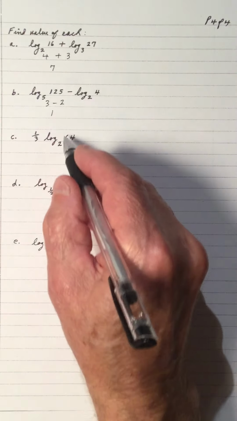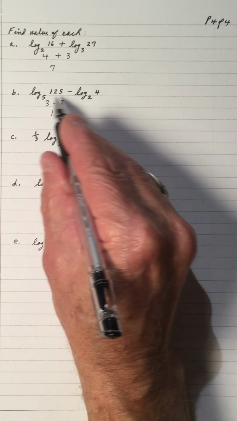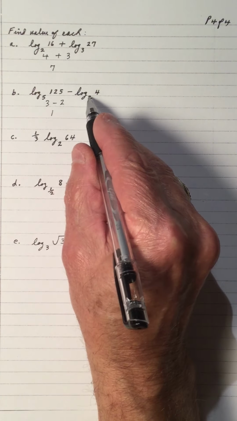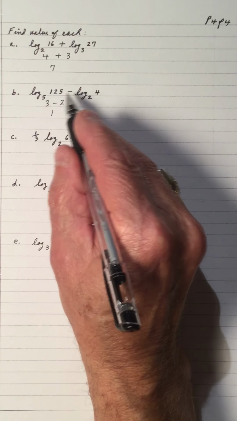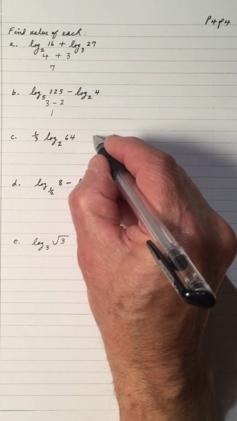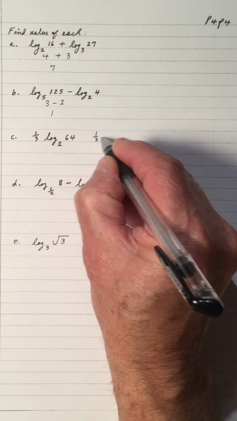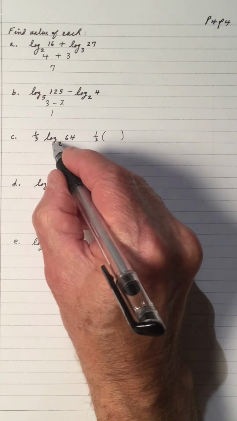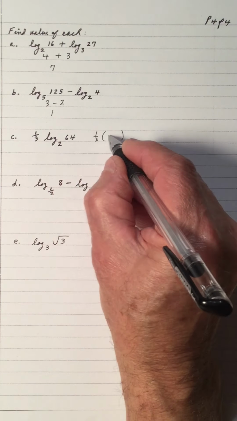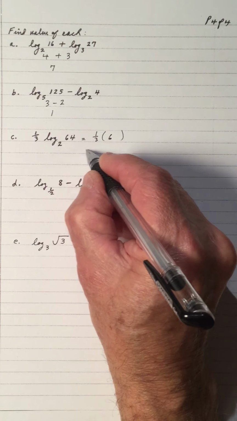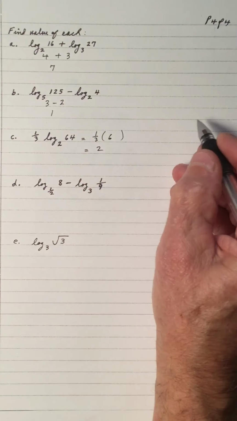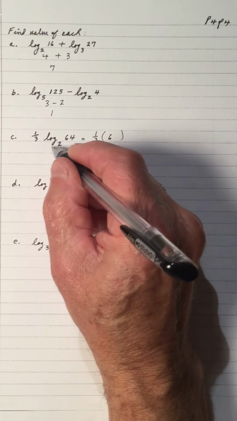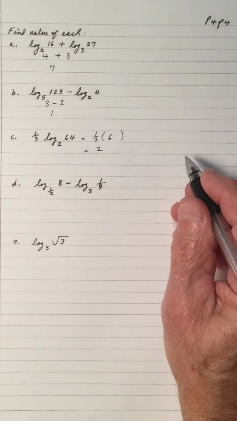Notice this is base 5 and this is base 2, so we have to do each of these and then subtract. Now we have a 1/3, and 2 to what power is 64? It's 6, and 1/3 of 6 is 2. So we have to do the log first and then do the multiplication.